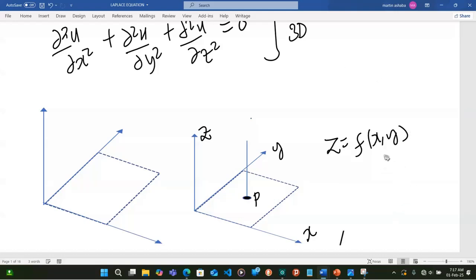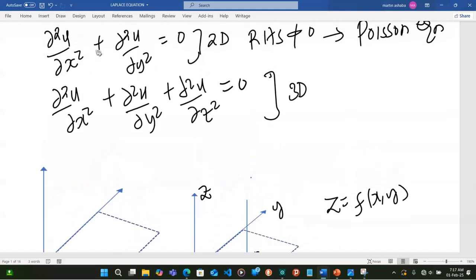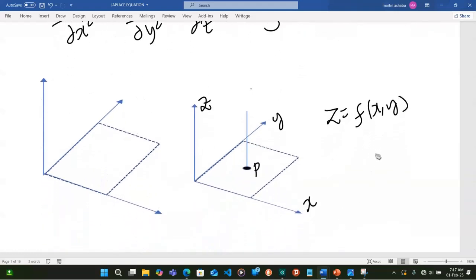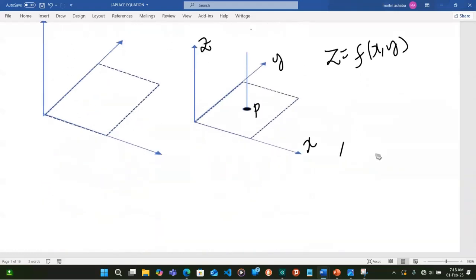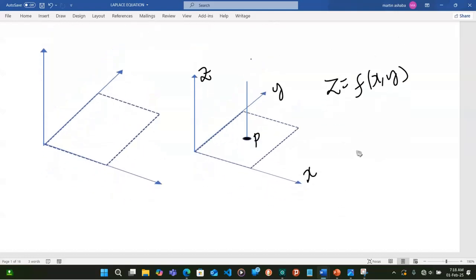So this becomes a solution to the partial differential equation, ∂²u/∂x² and so on, that we are calling the Laplace equation. If we consider this being the solution, you are likely to have something like this on this surface.